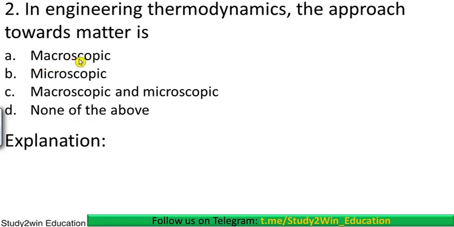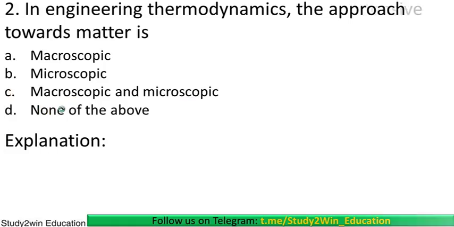Thermodynamics deals with both macroscopic as well as microscopic approaches. For example, the velocity of molecules of a gas is a microscopic study, but the pressure of a gas and the volume of a gas and so on is the macroscopic study. I hope you understand. So option C is correct.